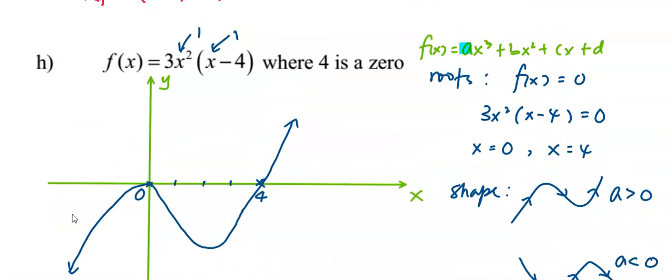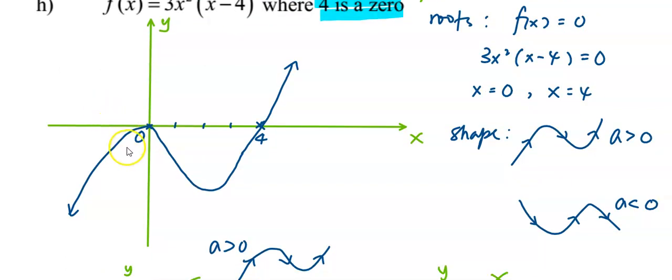Now we need to take care of the domain, because the question states here that 4 is a 0. This is not the domain. This just tells you that 4 is a 0, meaning that when you substitute 4 into f(x), you will get y equals 0. So the function did not restrict the domain.